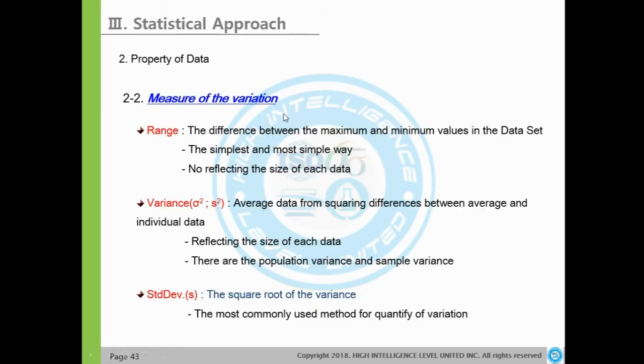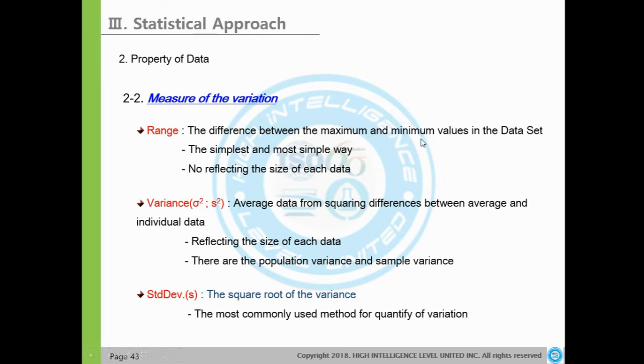And now we study variation. The representatives of variation are range, variance, and standard deviation. The first, range, is the difference between the maximum and minimum value.